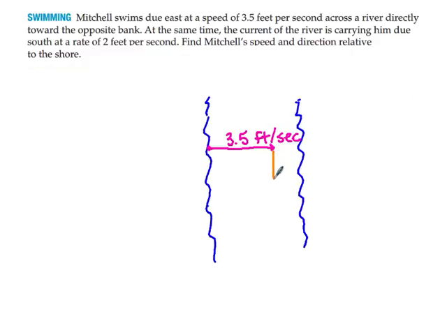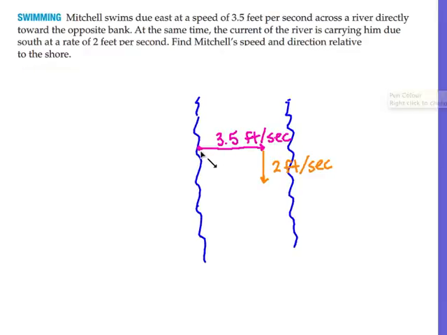So here's the current, and this is at 2 feet per second. So instead of traveling exactly due east, that current is actually going to shove him down a little bit. And so he's going to be traveling at a resultant of this right here.